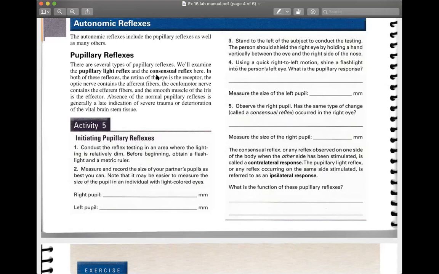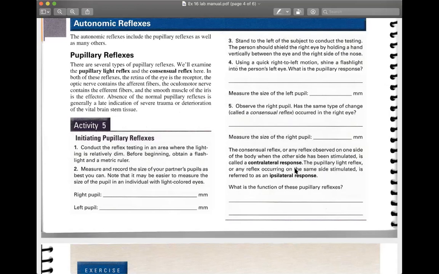The other thing is what they refer to as consensual reflex, which means if you shine the light into one pupil, both pupils constrict in size. So that's a situation where stimulating one side of the body causes a reflex in the other side of the body.